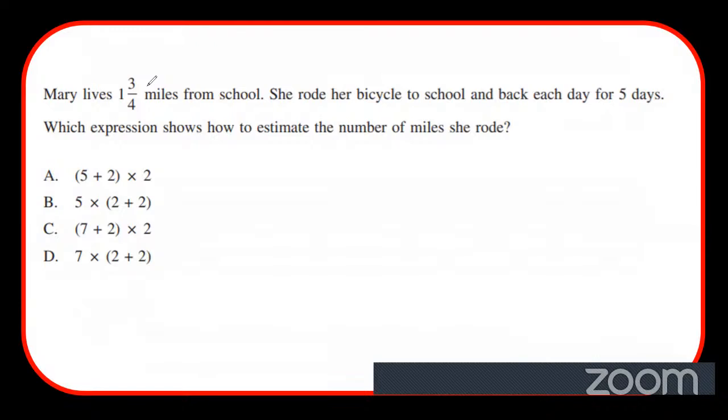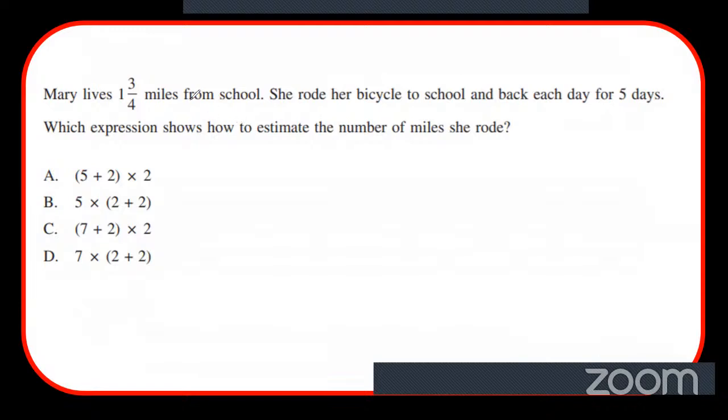All right, so let's think about it. If she lives about 2 miles from school, we need to know which expression shows the estimate of the number of miles she rode for the 5 days. Then let's think about it. 2 miles from school, and she rides that back and forth each day.